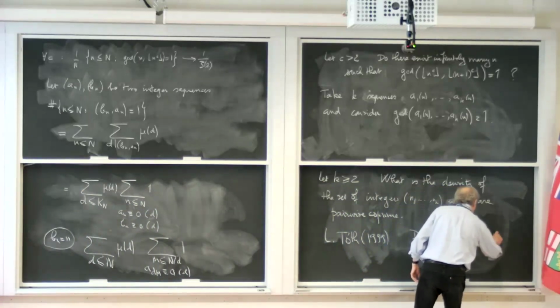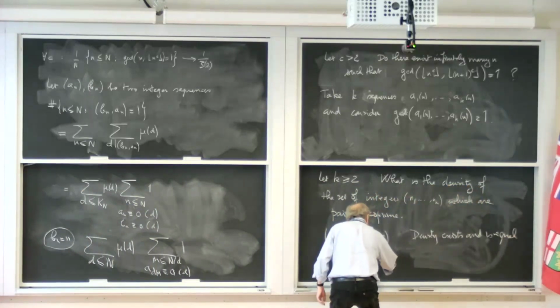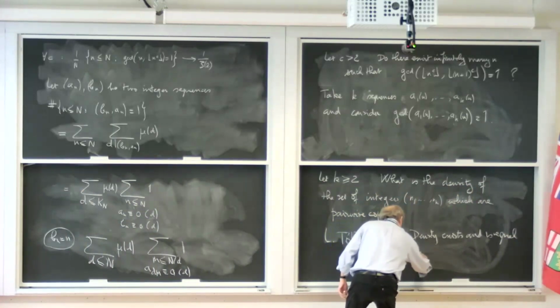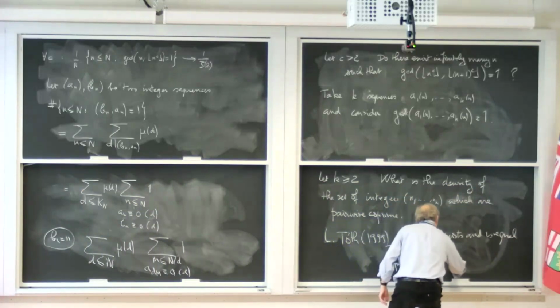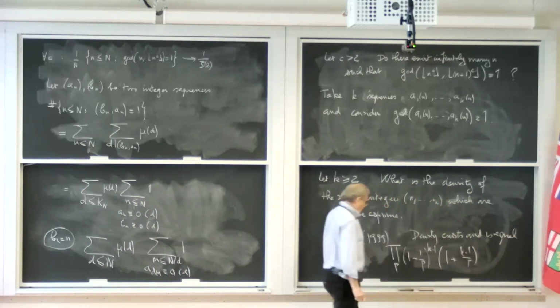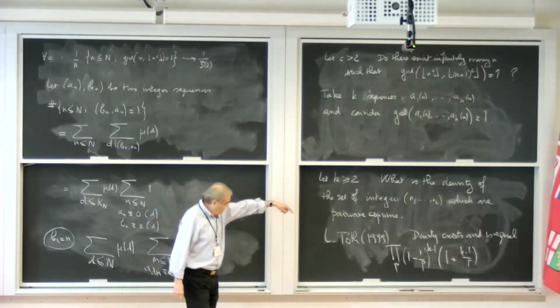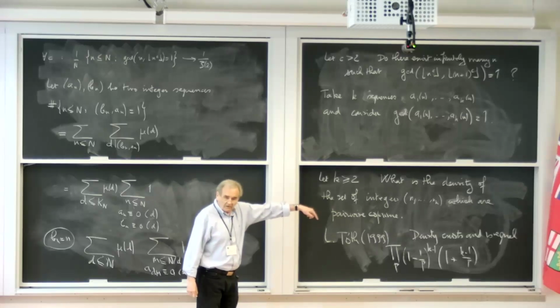It is an Euler product: the product over all primes p of 1 minus 1 over p to the power k minus 1, times 1 plus k minus 1 over p. If k is equal to 2, you have the product of 1 minus 1 over p times 1 plus 1 over p, and you have 1 over zeta of 2.